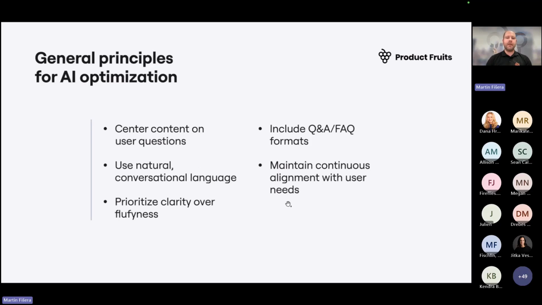Of course, maintain continuous alignment with user needs. I will show you later in the webinar how to maintain continuous improvement there. Also prioritize clarity over fluffiness. When you're writing knowledge base articles, it shouldn't be like writing a book.